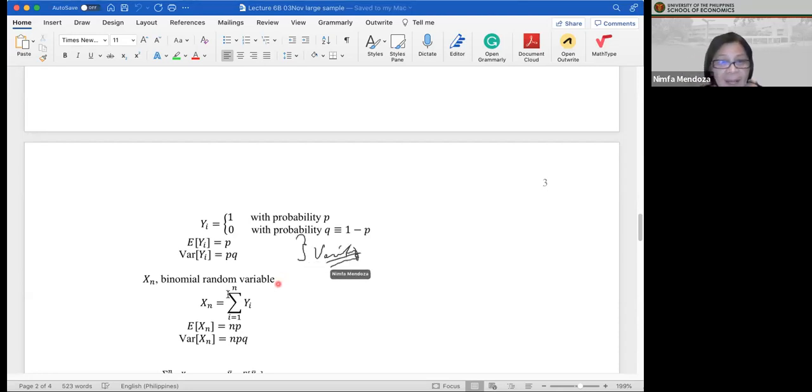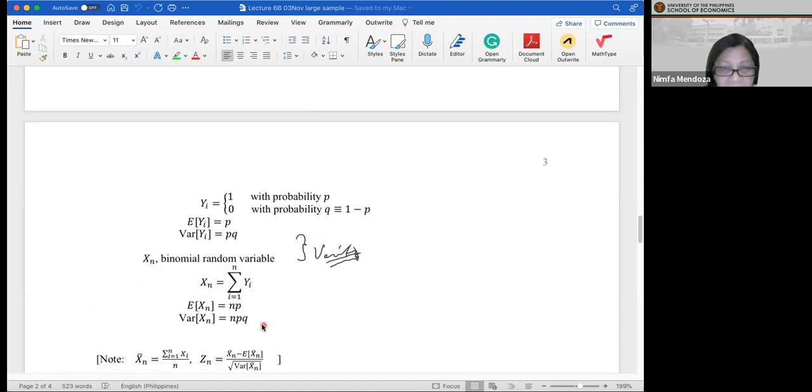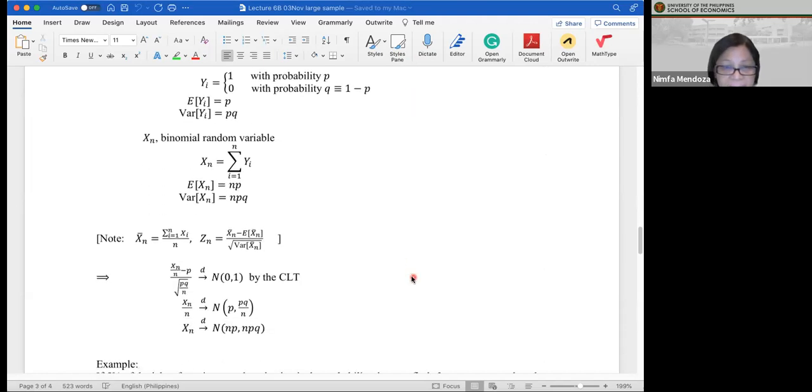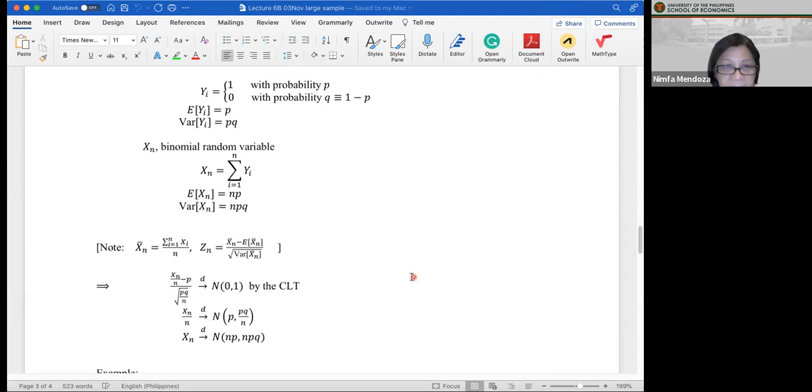Then we said earlier that a binomial random variable, say x sub n, can be expressed as the sum of Bernoulli random variables. And again, you can easily verify this mean and variance. So note that x bar n is defined as this.